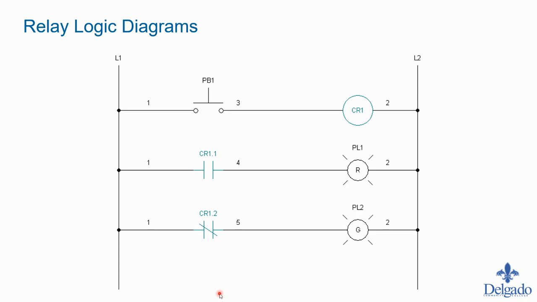But the way it's designed, the way it's built, shall we say, is pretty much identical. So this example is technically a relay logic diagram, as if we were hardwiring this for real in the real world. We'll discuss that first because it makes more sense to understand how that's done before we get into the programming.